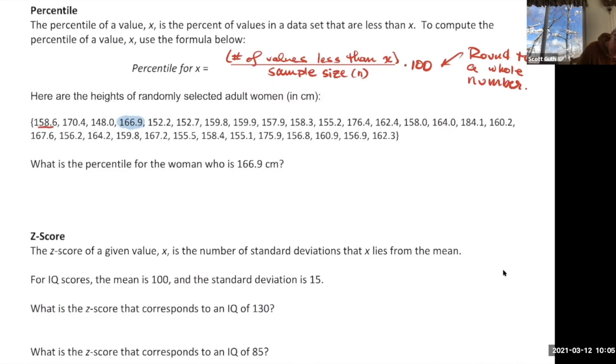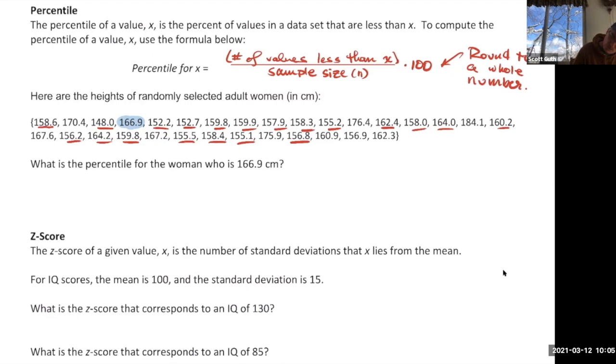1, 2, 3, 4, 5, 6, 7, 8, 9, 10, 11, 12, 13, 14, 15, 16, 17, 18, 19, 156.9, right? So 20, 166.9.